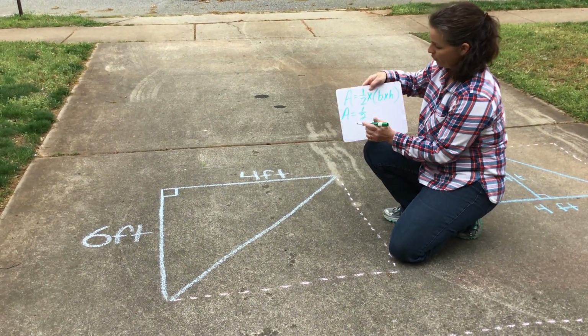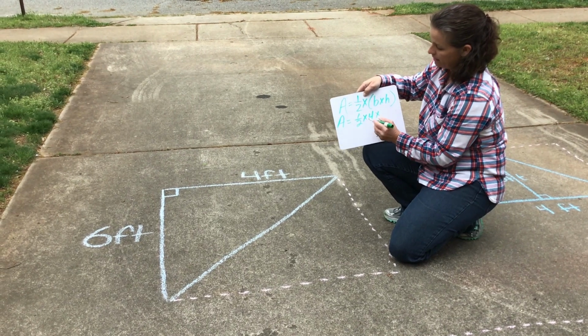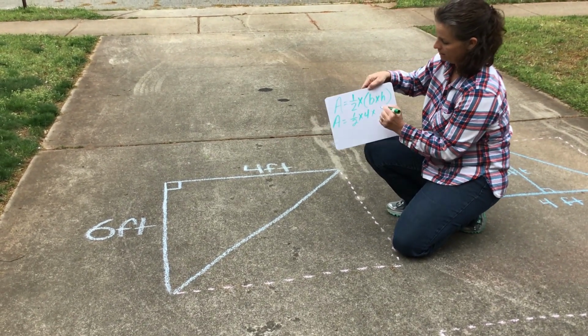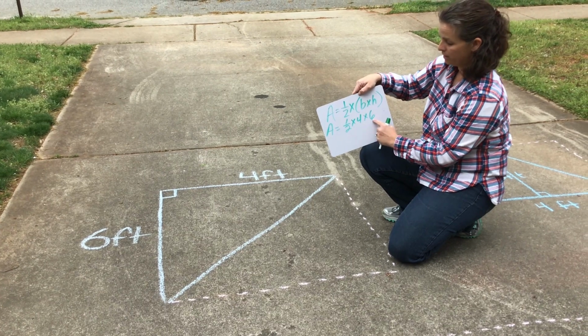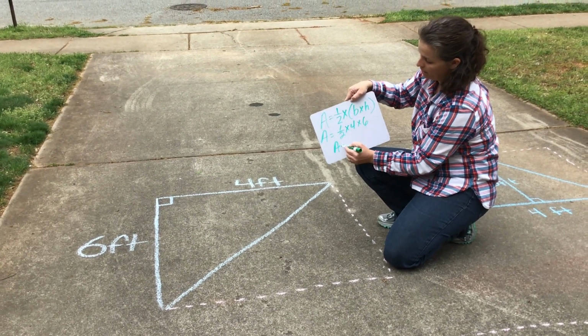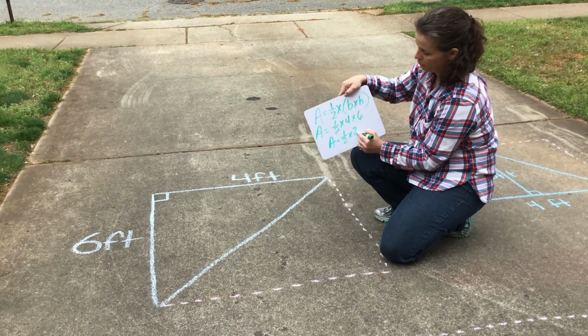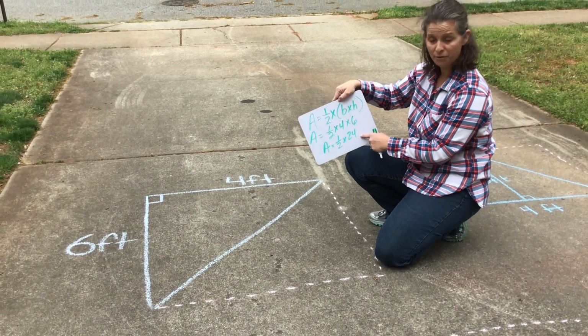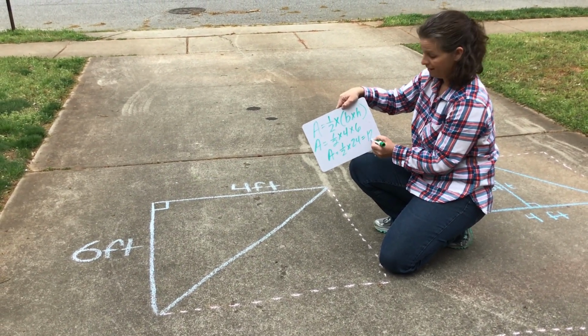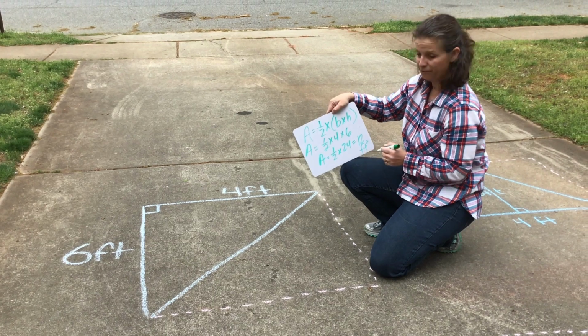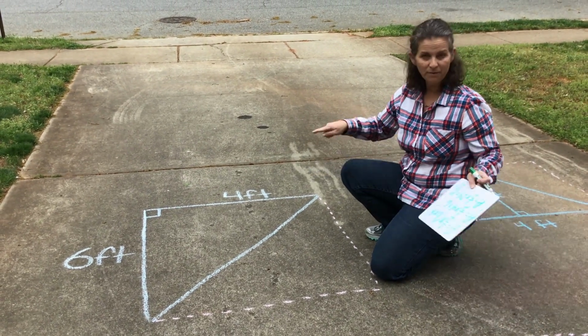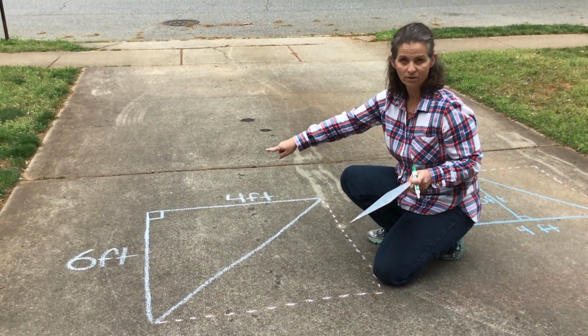So we have 4 feet times the height, 6. So let's do 4 times 6 first. And we're going to get half of 24. So half of 24 is 12. 12 square feet.